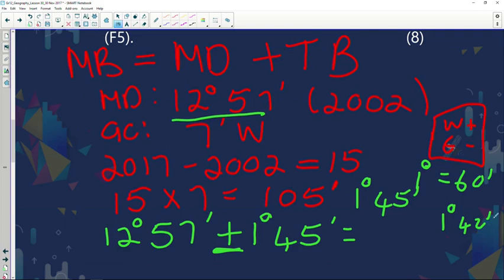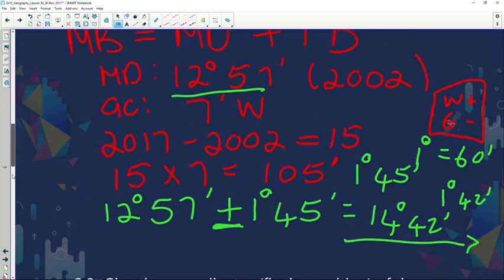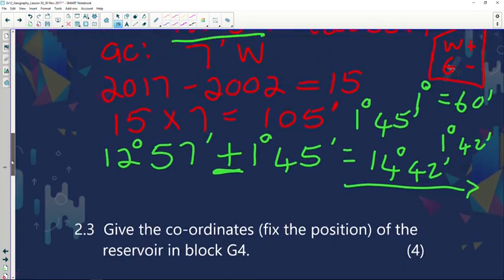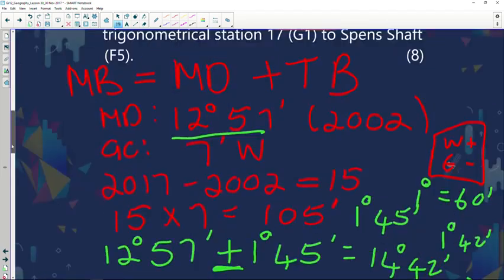So our correct answer will be 14 degrees 42 minutes, because we got 12 plus 1 plus the 1 degree over there, so it's 14 degrees 42 minutes. Now we still need to go and calculate our bearing.